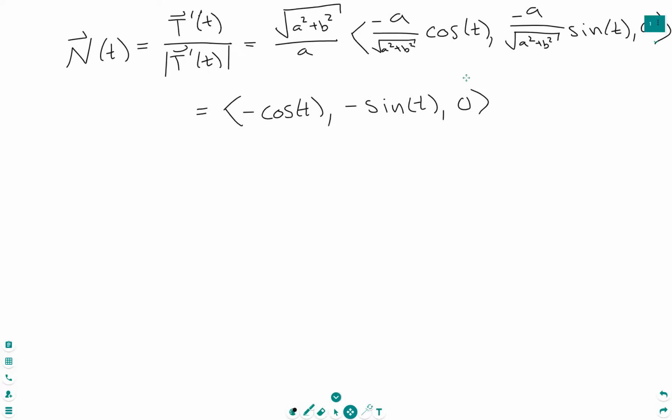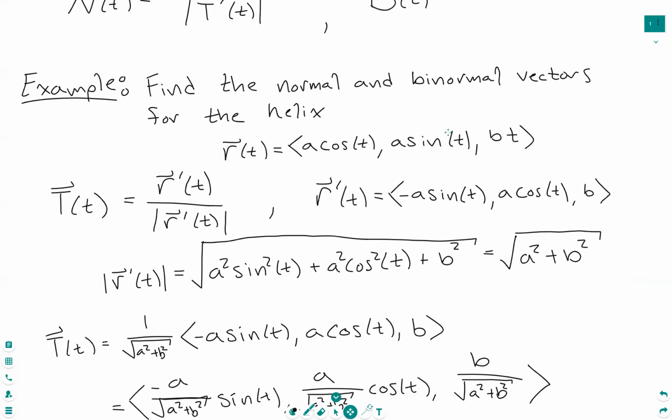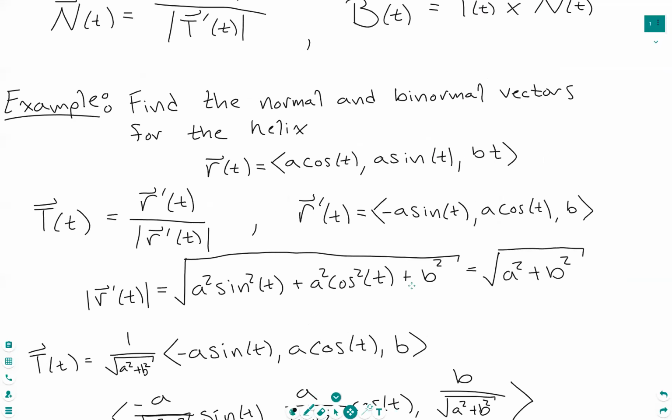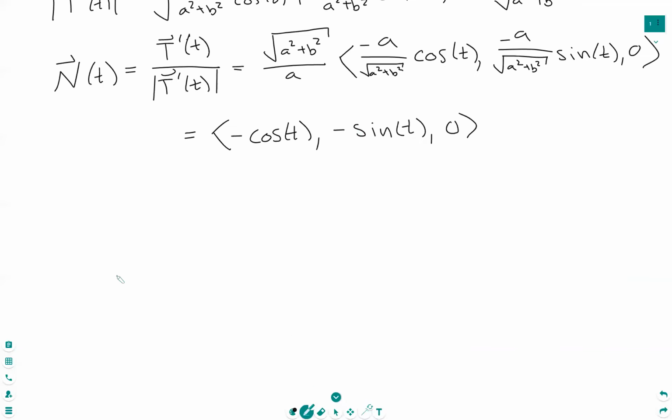Okay, so now let's scroll back up to the top to look at our definitions. We need to find this binormal vector, right? And this is the cross product between the tangent vector and the normal vector. So our B of t is defined as our unit tangent vector crossed with our unit normal vector.